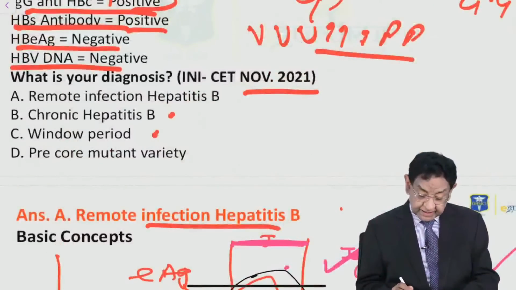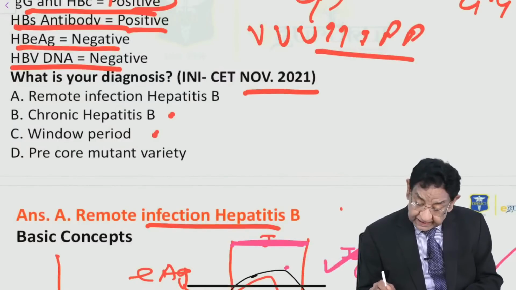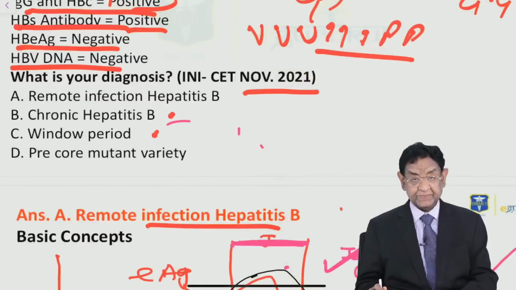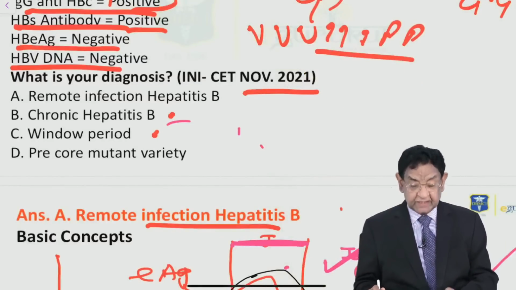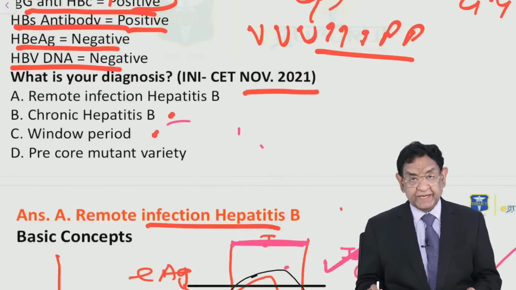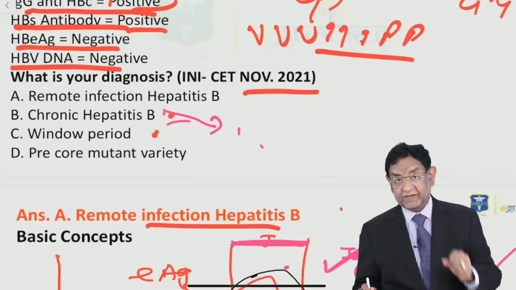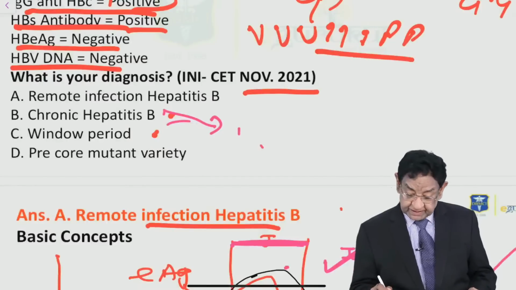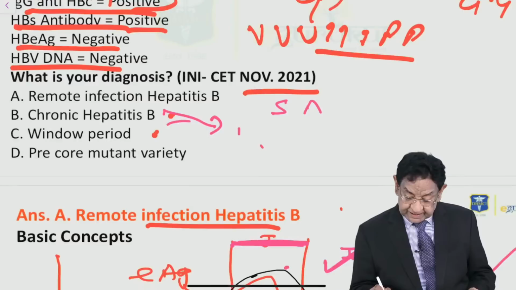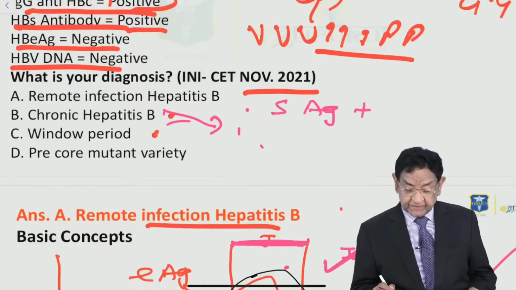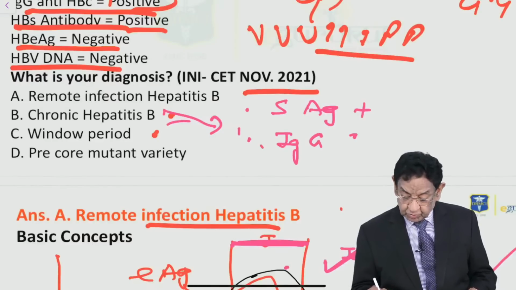Can it be chronic hepatitis B? Well, one more beautiful question. I'm sure many of you have gone for this answer. Okay, it's a remote infection. For chronic infection, I want to clarify your point. When we say chronic infection, the criteria is surface antigen should be positive and there should be IgG core antibody.